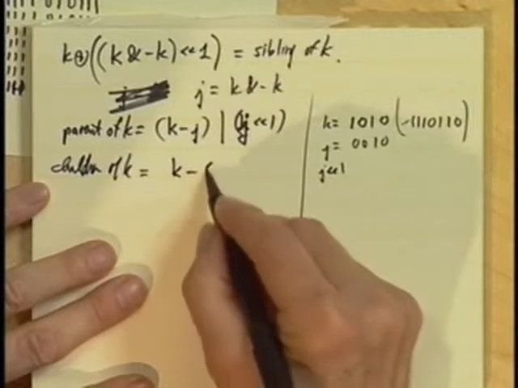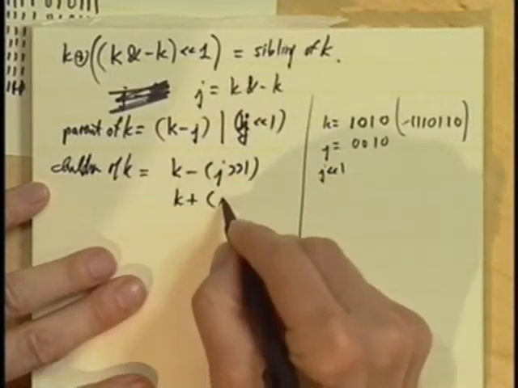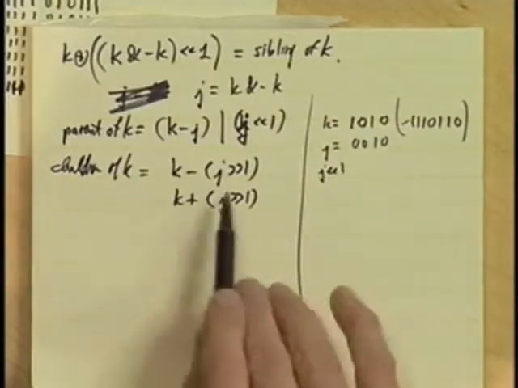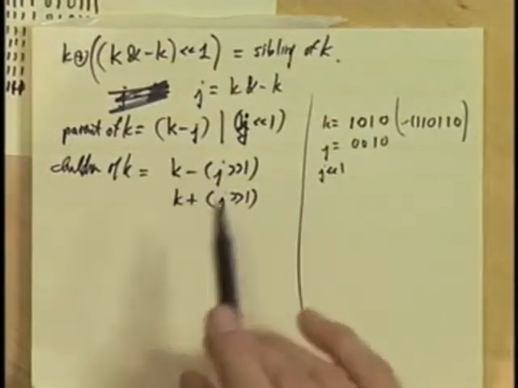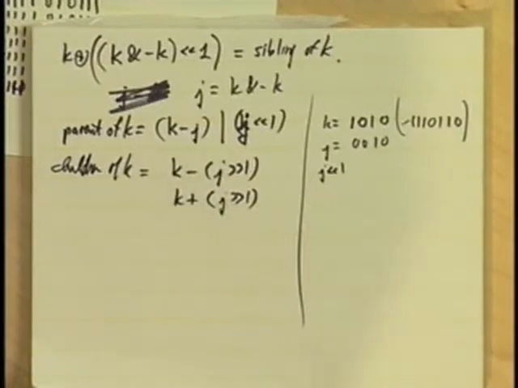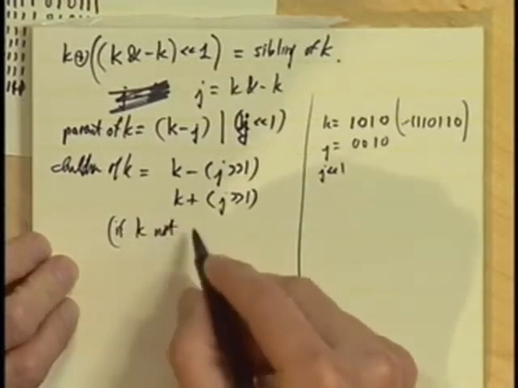It's k minus j right shift 1, and k plus j right shift 1. And of course, when j is 1, you don't have any children, so this formula gives you k back again. The leaves don't have any children, so this is if k is not odd.